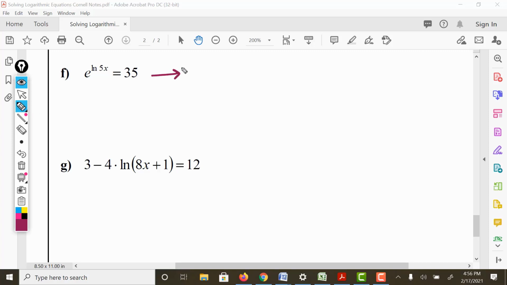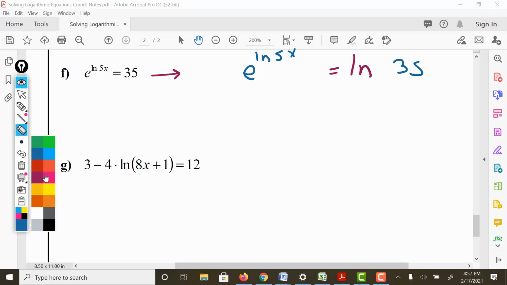So I'm gonna natural log both sides. And remember, natural log is log base e.